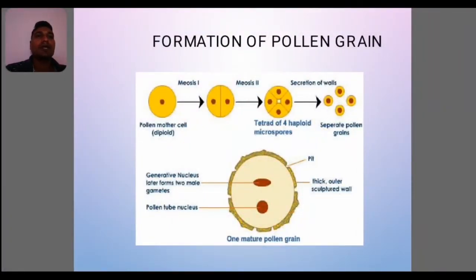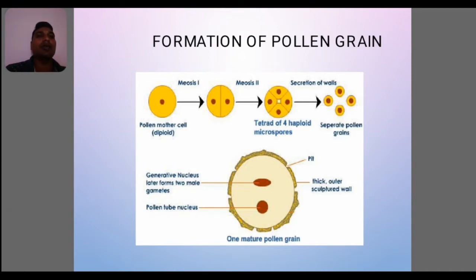Now, how does pollen grain formation occur? First of all, there is a pollen mother cell, which is diploid. That diploid pollen mother cell undergoes the first meiotic division and forms two cells, which are haploid.